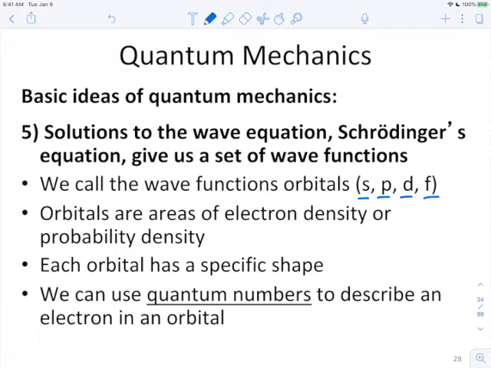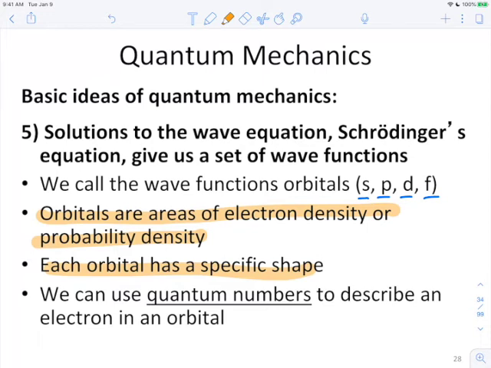All right, so here are just a few things to remember. Orbitals are areas of electron density or probability density. In other words, it's likely we find the electrons there, but at a given moment, we can't be sure they will be there. They may have become excited and traveled somewhere else. Every orbital has a specific shape, and we'll talk about the shapes for each one of these.